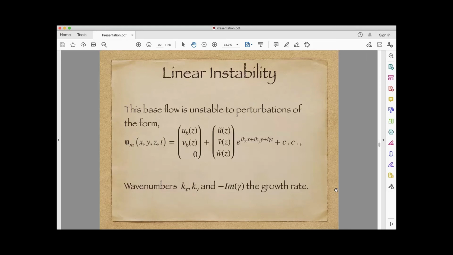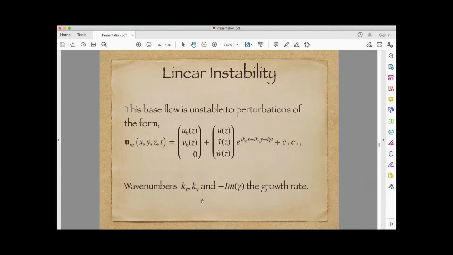But there is an instability that occurs, and if you just take this flow and then look at some linear perturbations, because of invariance in x and y direction, you can decompose it in Fourier modes along x and y direction. So this is what I do here. You have this base flow, this base profile, and then you have some perturbation.